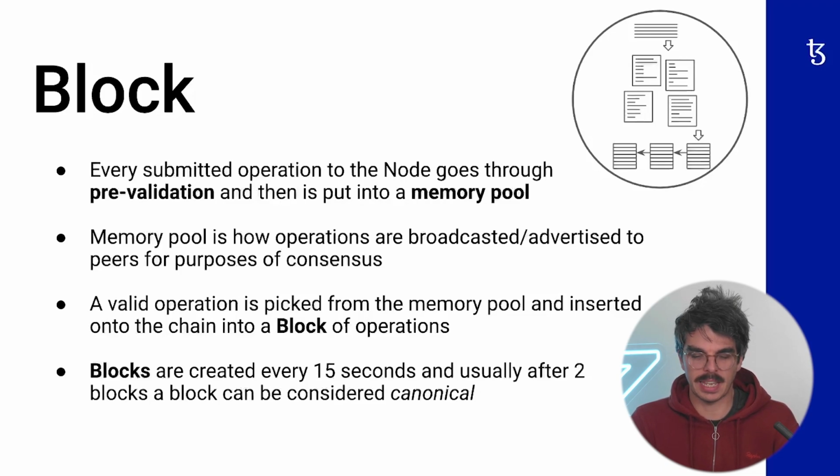All of which is to say that when you submit an operation to a node, it won't necessarily be executed straight away. It could be up to 15 seconds, or maybe more in some instances, but it can certainly, in normal circumstances, be up to 15 seconds before it's executed.